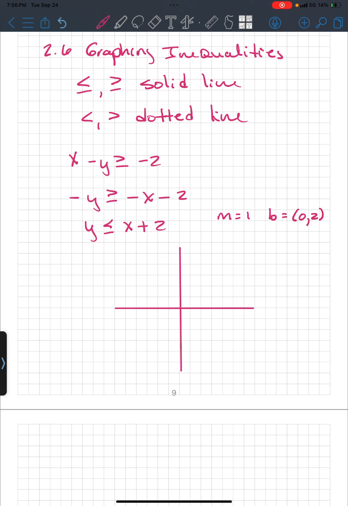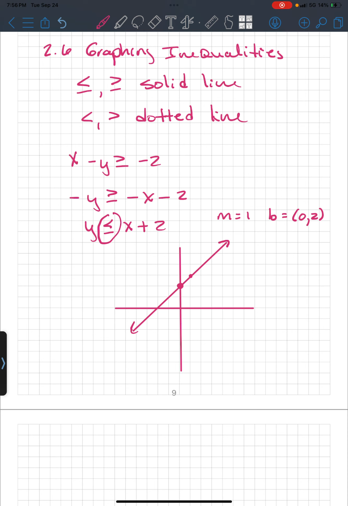My first point is go up 2, and my slope is up 1 over 1. I'm going to draw a line through that, and it's a solid line. That's not what I want. Let's try that again. And shading. This says less than.